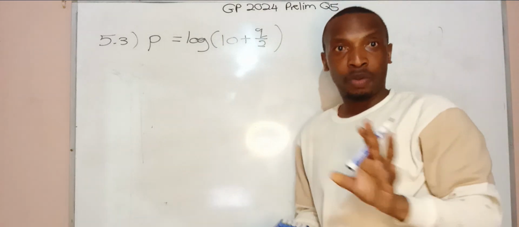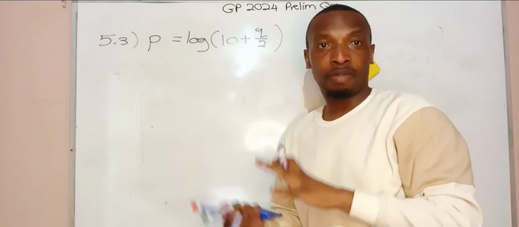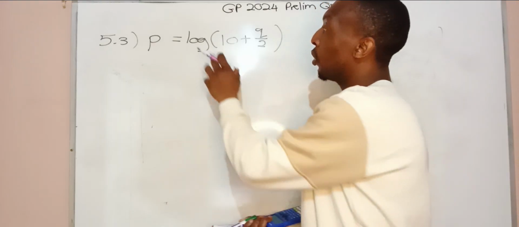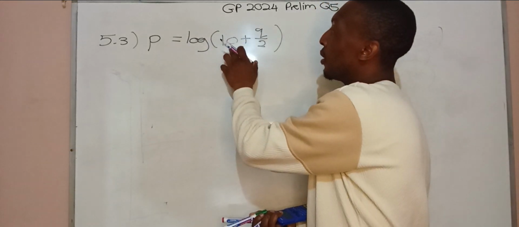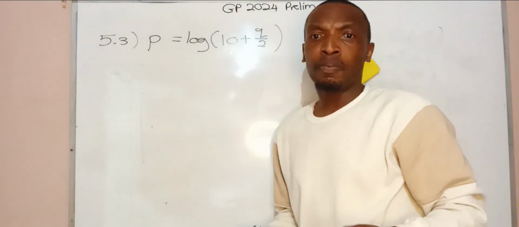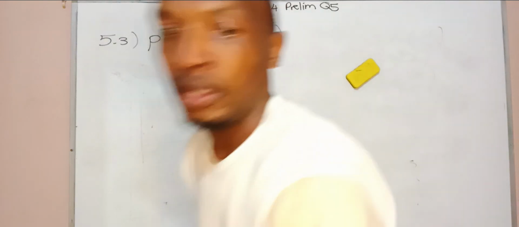So if you want to work out the price per unit in rands of whatever is being transported, I presume, you enter log of 10 plus Q over 2, where Q is the number of items.